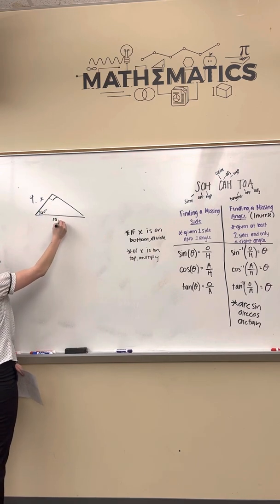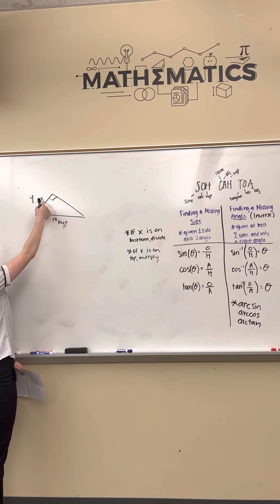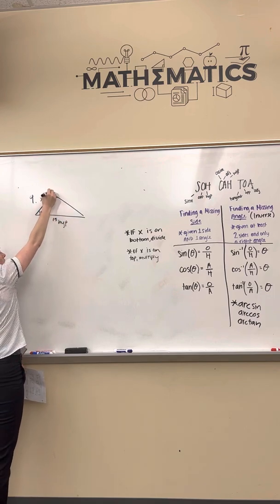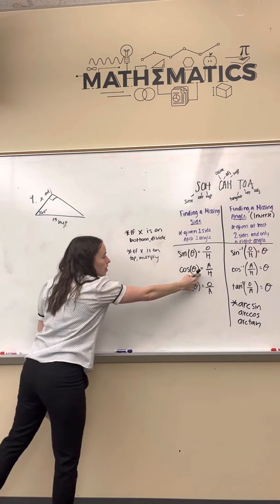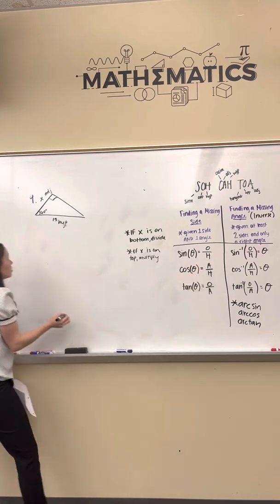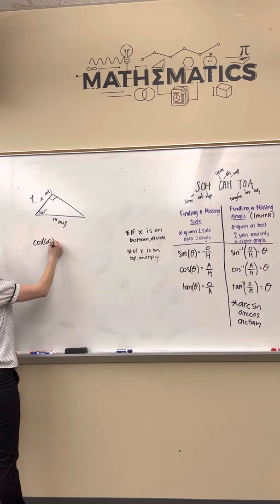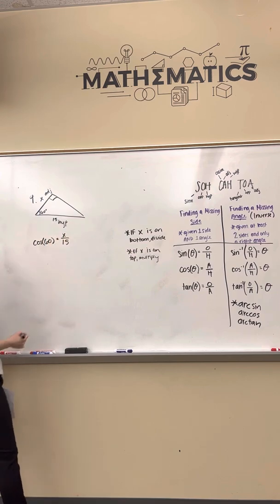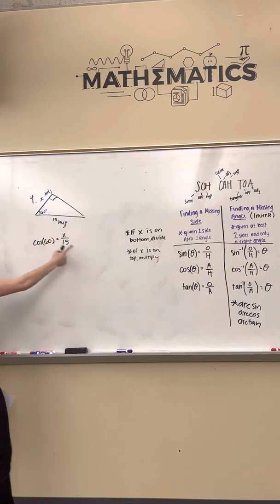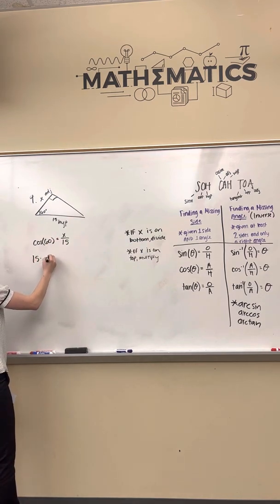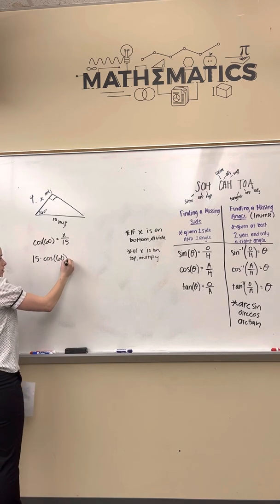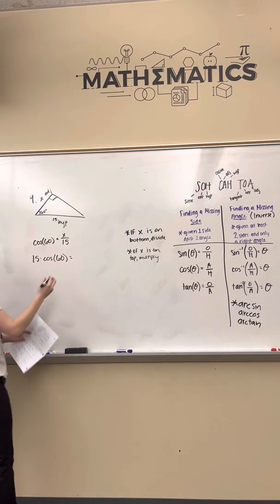Across from that is our hypotenuse. Next to the angle is our adjacent. Cosine uses adjacent and hypotenuse. So we say cosine of our angle equals our adjacent x over our hypotenuse, 15. X is on the top, so we're going to multiply 15 times cosine of 60. And we get about 7.5.